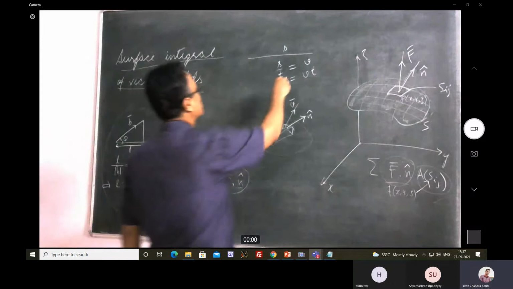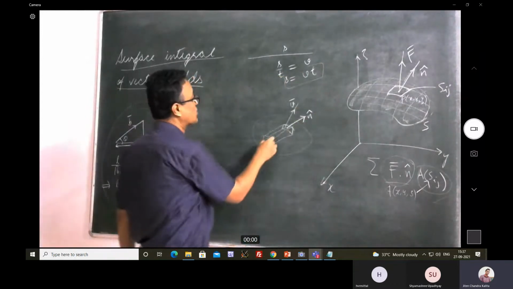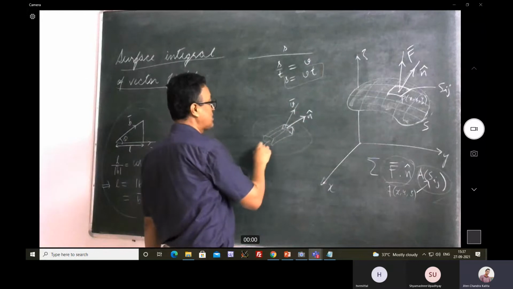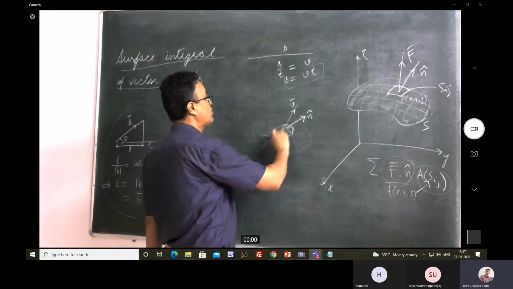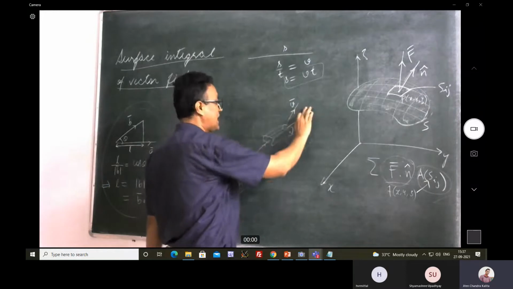Okay. So now simply look at this. Assume that the fluid enters this column, so suppose it enters here and comes out through this point on the other side.